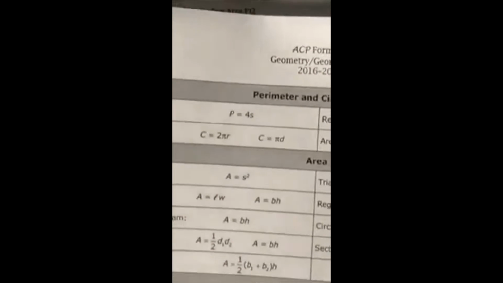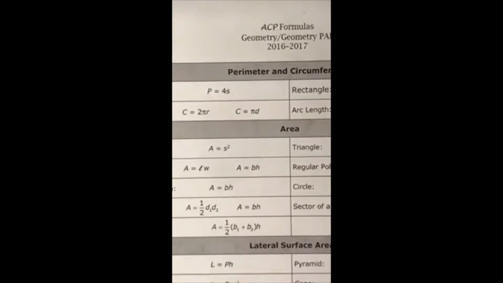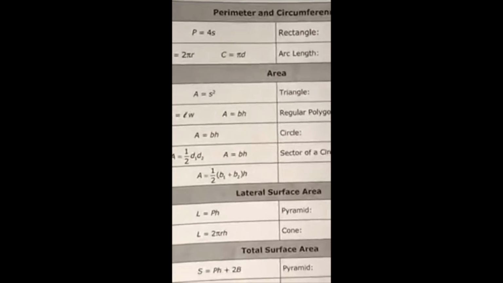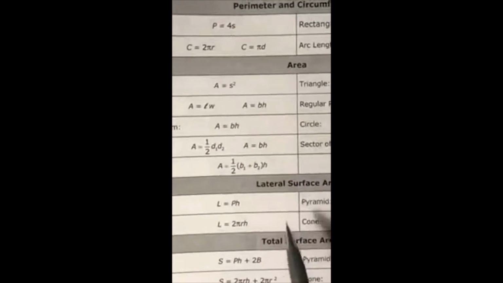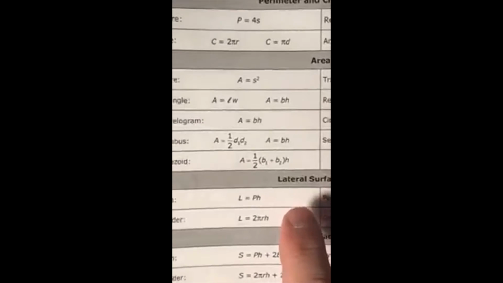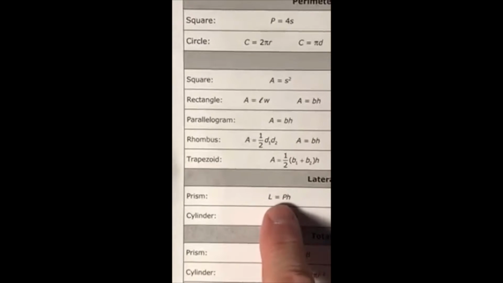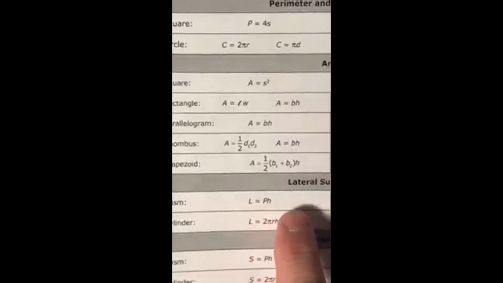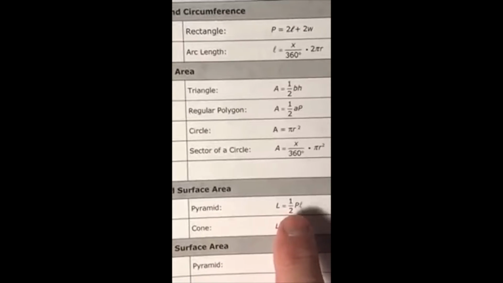Go to the formula chart and pull out the lateral area for a prism and for a pyramid. We want to be in this section, go over to prism and get this formula, then move to the right and get this formula.